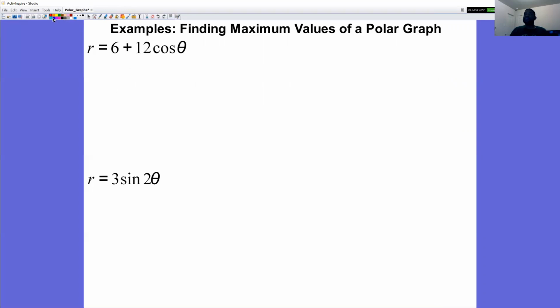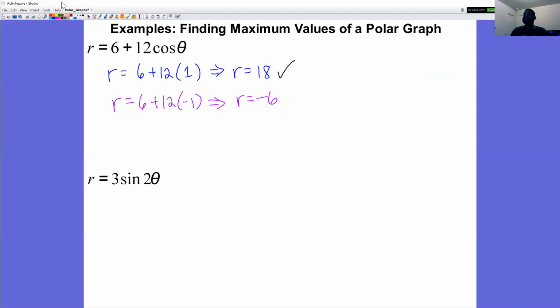So I'm going to start with r equals 6 plus 12 times 1. That gives us r equals 18. Then I'm going to check r equals 6 plus 12 times -1. That gives me -6. As you can tell, 18 is the bigger value, so the maximum value for this graph is 18.